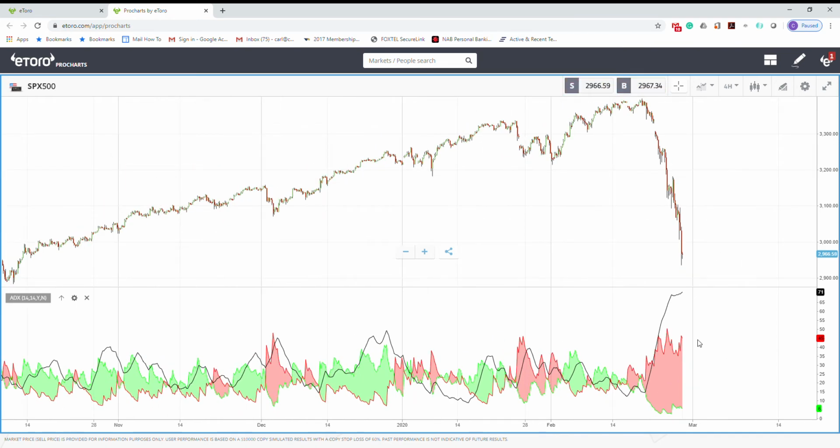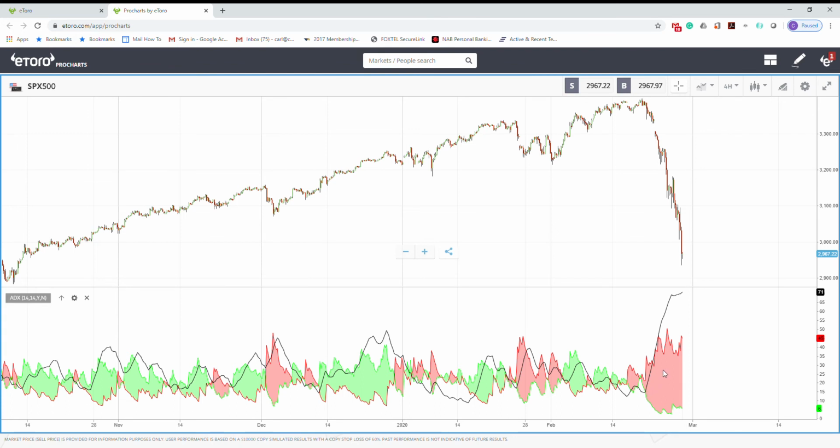The ADX line itself just shows the strength of your trend, and these two together with ADX, you can find good entry points.